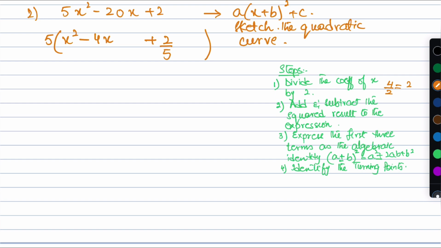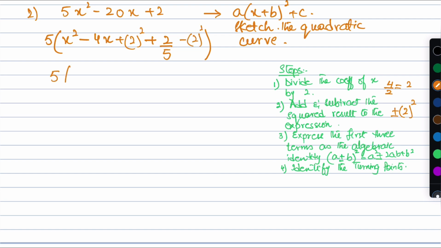The second step is to add and subtract the squared result to the expression, meaning I should be adding plus and minus 2 the whole square to the expression here. So I can say it's a plus 2 the whole square, and then I have a minus 2 the whole square as well.